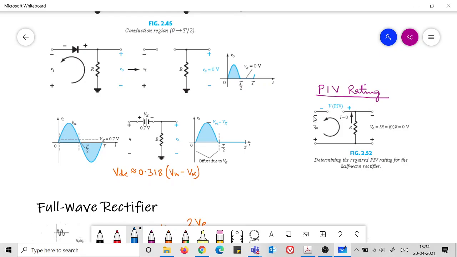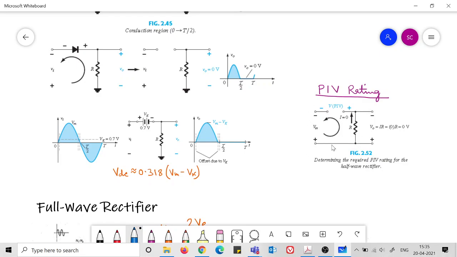How to do that? Since we are dealing with the reverse bias condition, we have to make the diode open. In the open condition, what is the maximum reverse bias voltage that can appear across the diode? That we have to check. The PIV of the diode must be more than the maximum voltage appearing across the diode in the reverse bias condition for that particular circuit.